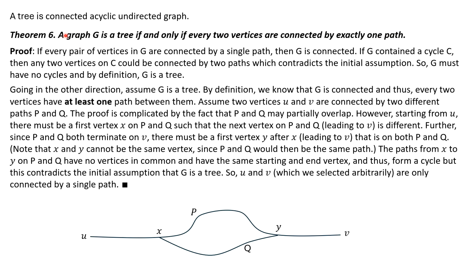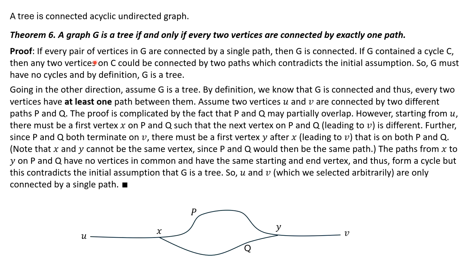Effectively, what we're going to show is the equivalence of two definitions for a tree. We'll show that a tree is a connected acyclic undirected graph if and only if every two vertices are connected by exactly one path. So the two definitions are the same, and we'll show that in the proof of this theorem.